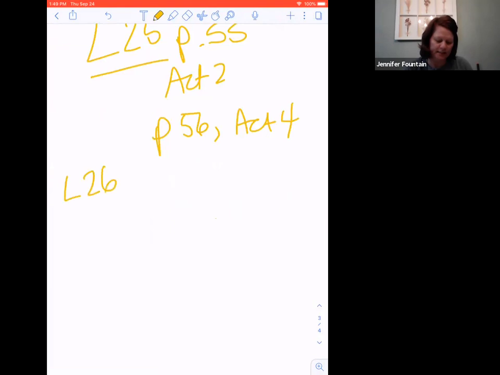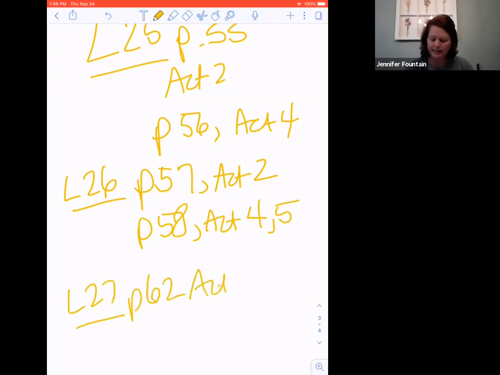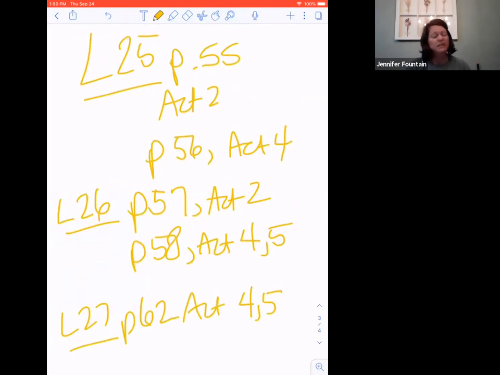For lesson 26, we have page 57, activities 2, page 58, activities 4 and 5. And then lesson 27, page 62, activities 4 and 5. It seems like a lot, but I think it's going to go by pretty quickly as you're working through it. I don't think it's going to take you much time to do at all.